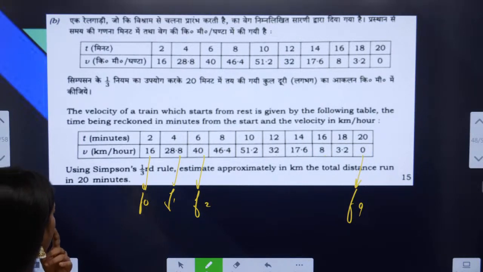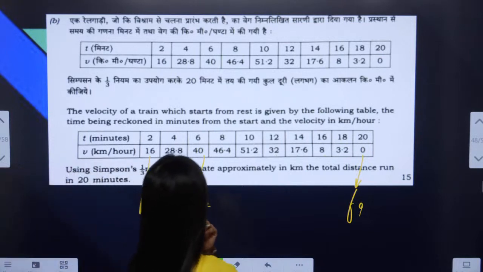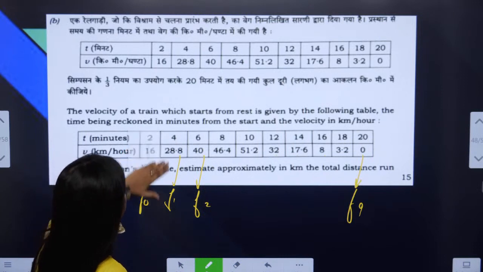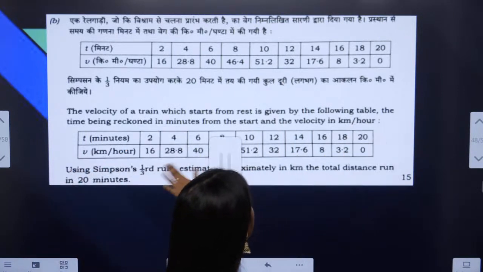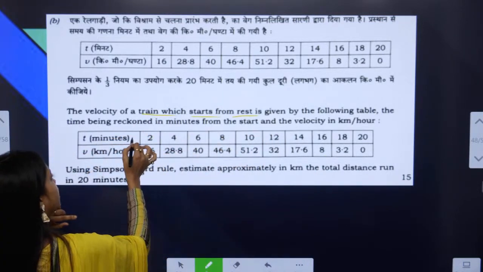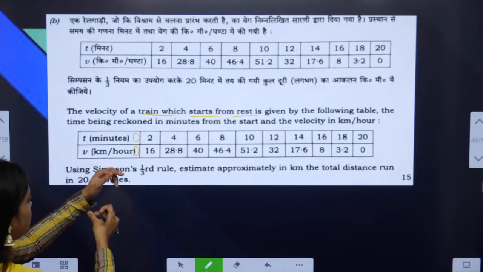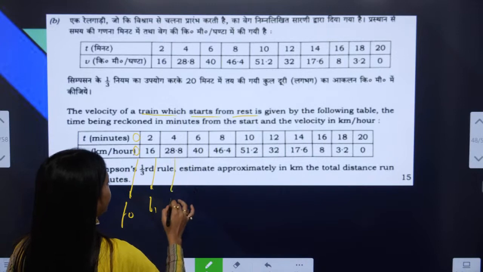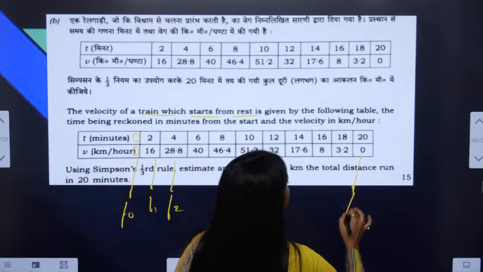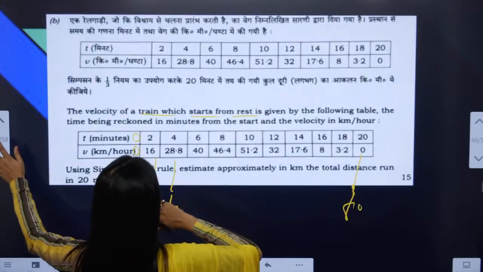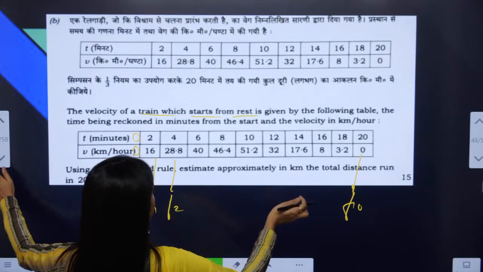In that scenario, we will have a V0 also, the velocity of a train which starts from rest. So, you have to add one entry over here, because the train starts from rest. For t0 the velocity is 0, so start with that value. So, this is f0, f1, f2, and in this case it becomes f10. Now you can apply the formula because we are in Simpson 1/3. What is the formula for total distance?